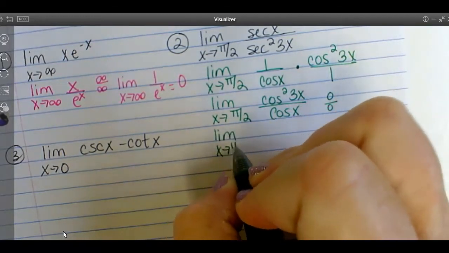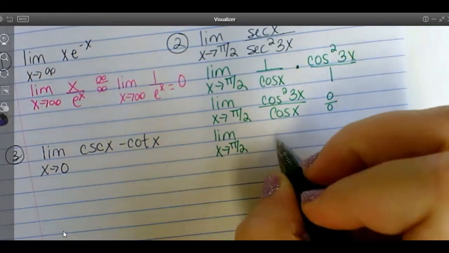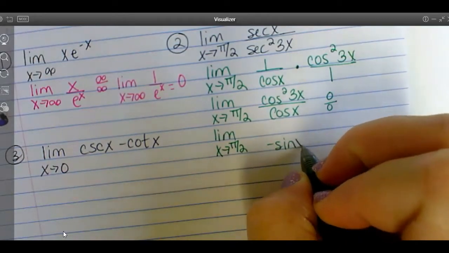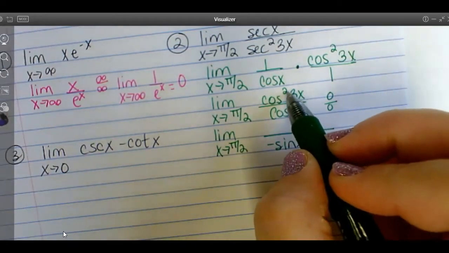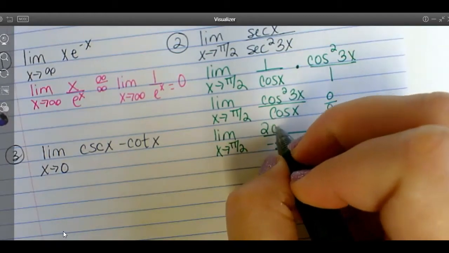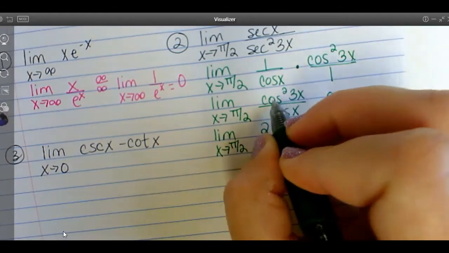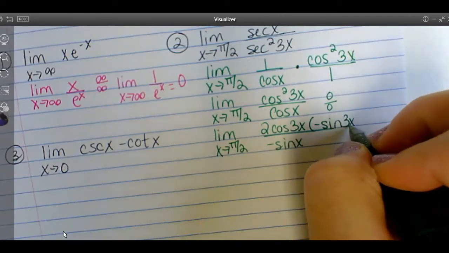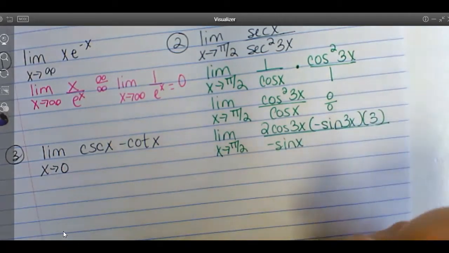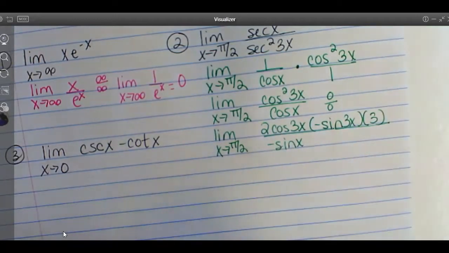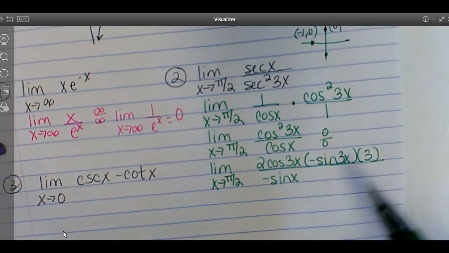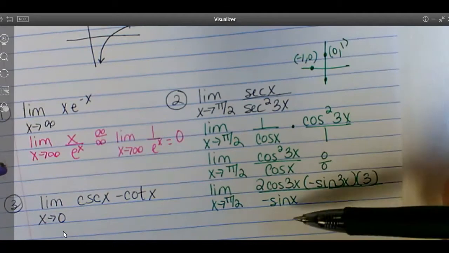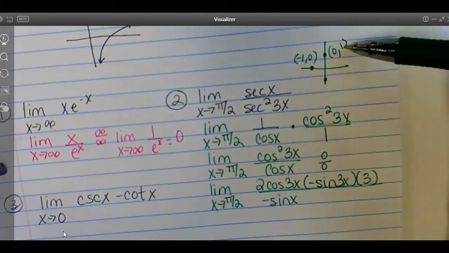And we want to find the derivative of the top and the bottom. The derivative of cosine is negative sine. Alright, the derivative of the top, I do need to use the chain rule, 2 cosine of 3x, and then the derivative of cosine of 3x is negative sine of 3x times 3. Nothing really cancels here, but now thinking about plugging in pi over 2, coming back to those coordinates there, sine of pi over 2 is going to be a 1.